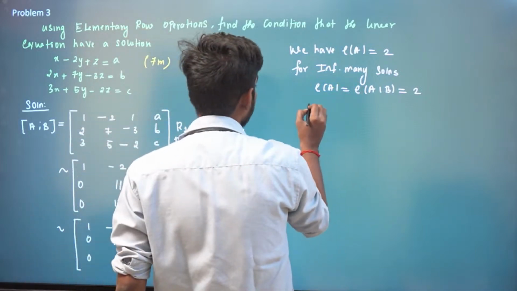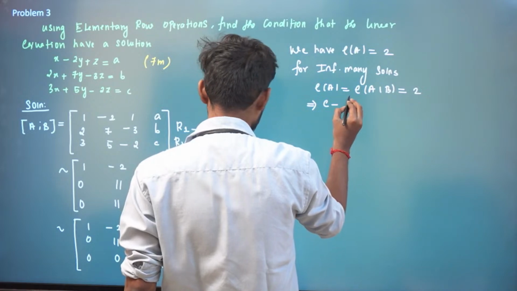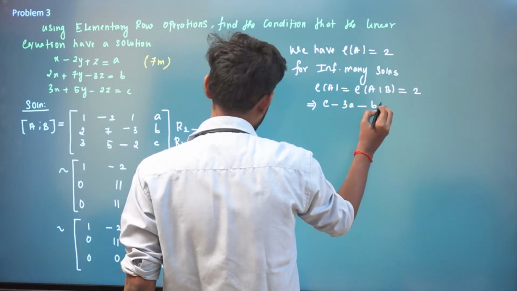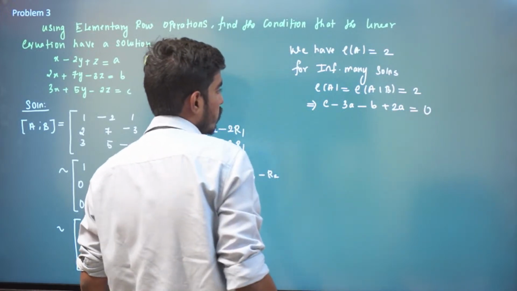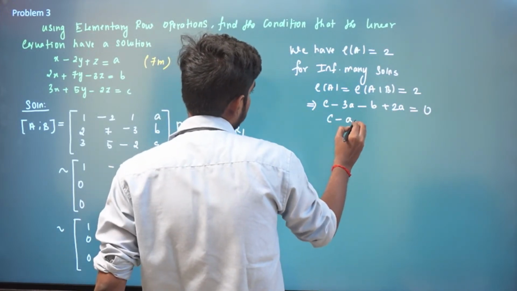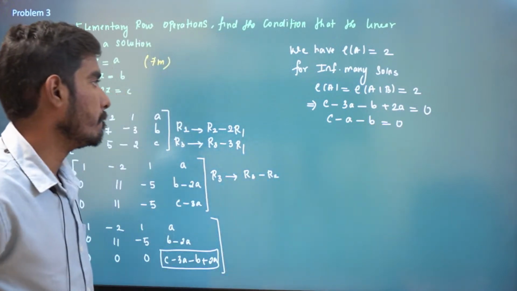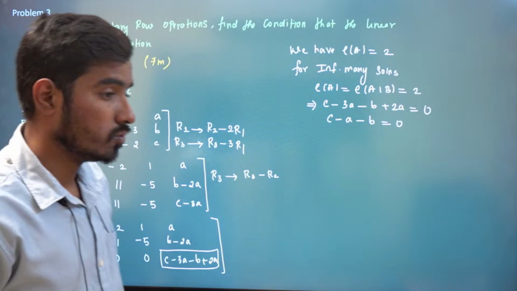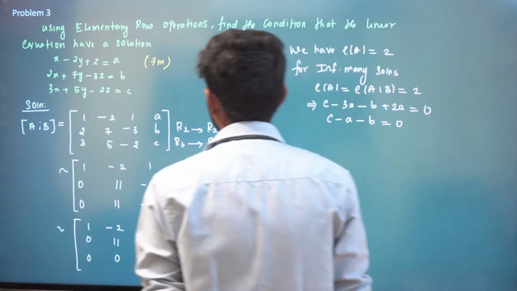So for this to happen, we should have c minus 3a minus b plus 2a equal to 0. That means c minus a minus b has to be 0, right? So this is the condition on a, b, c for this to have a solution.